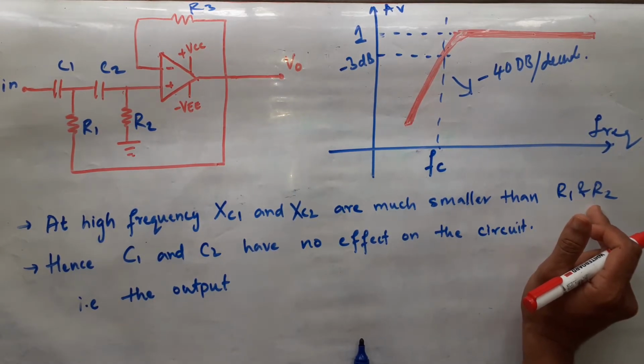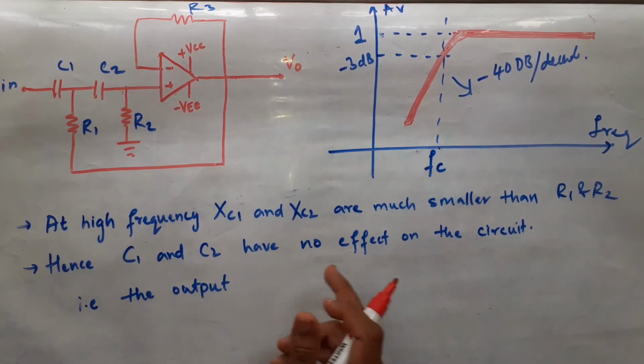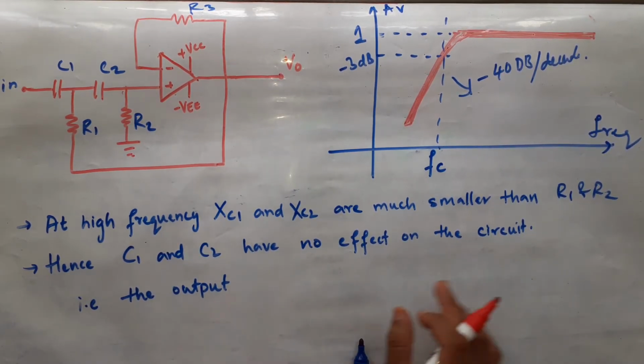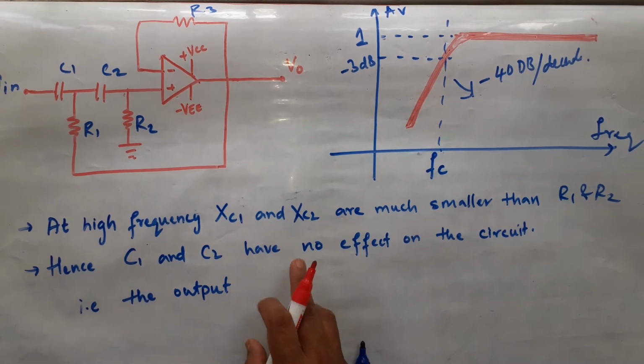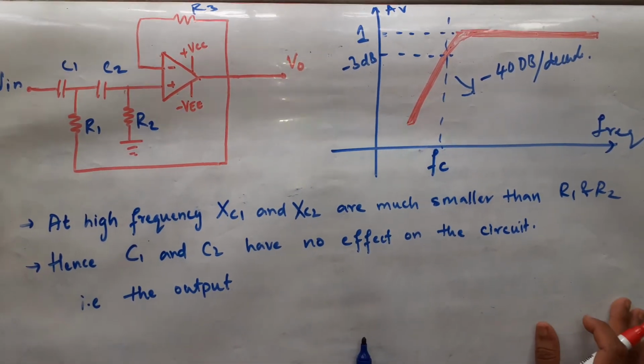Hence C1 and C2 have no effect on the circuit, that is XC1 and XC2 effect is not present on the circuit.